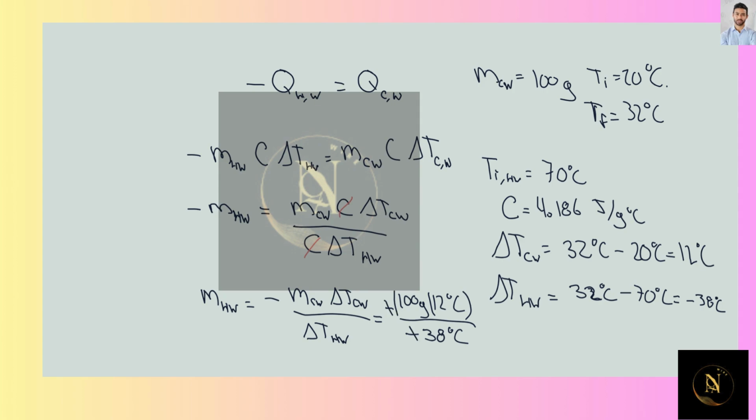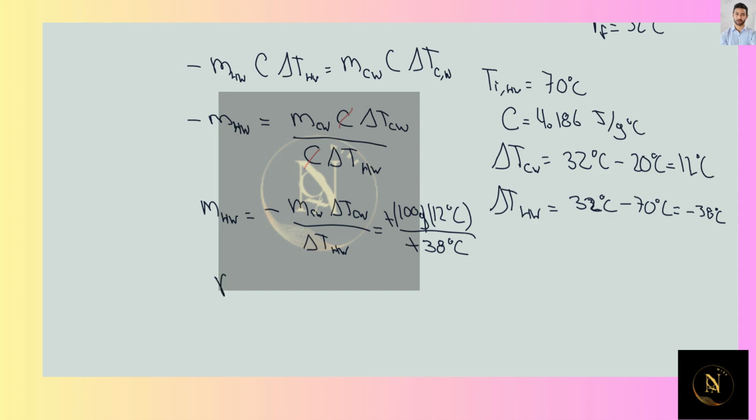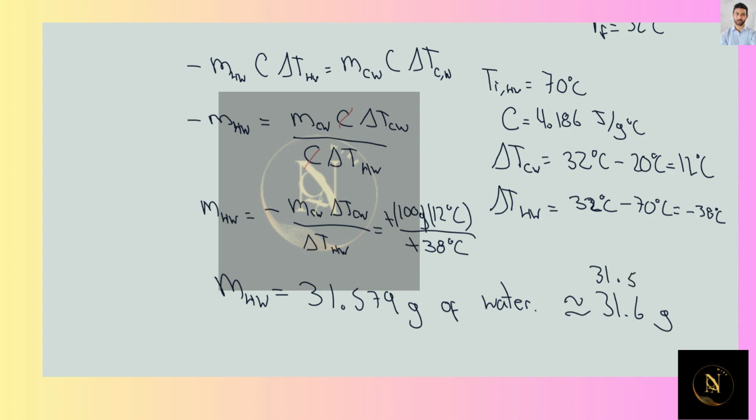Minus and minus cancel out, and we get a mass of hot water equal to 31.579 grams of hot water, which is approximately 31.6 grams or 31.58 grams, depending on how many significant figures you're asked in your course.